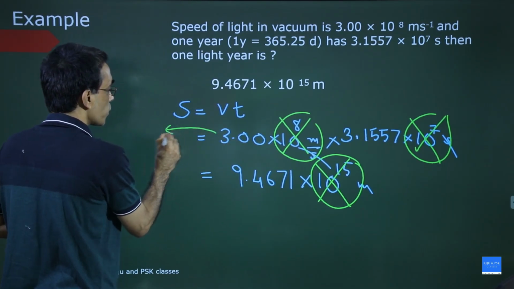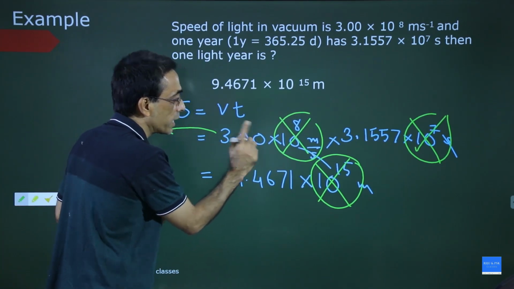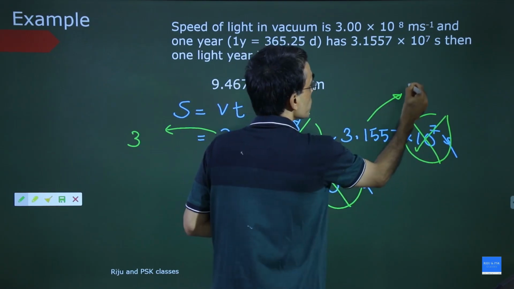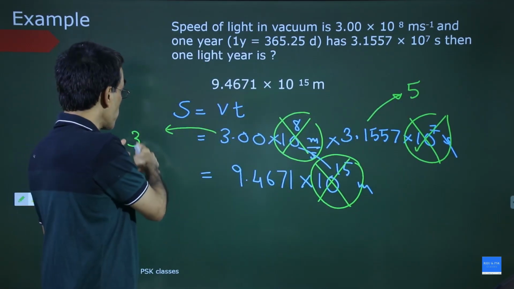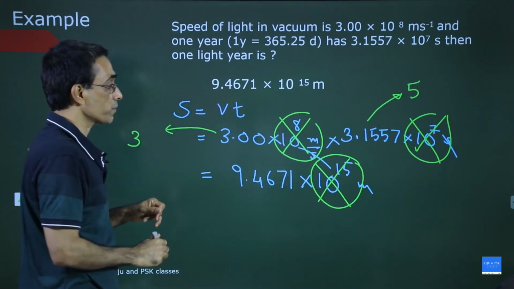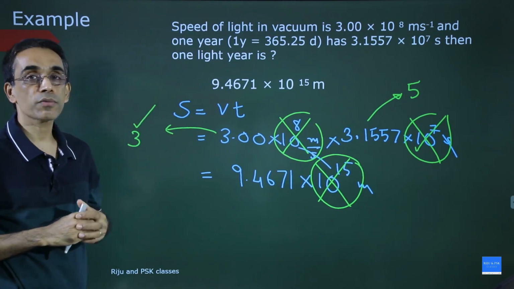This number has got 3 significant places, because there is a decimal point and there are trailing zeros. But this number has got 3 plus 2, 5 significant places. This has got 3 significant places. This has got 5 significant places. Your answer should have, which is lowest among 3 and 5? The answer should have only 3 significant places.